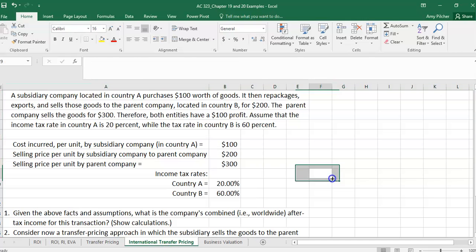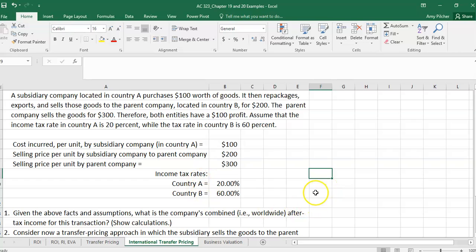In this transfer pricing option, we're looking at the income tax effects of an international transfer. International transfers are treated a little bit differently than transfers between divisions in the same organization that are in the same country.